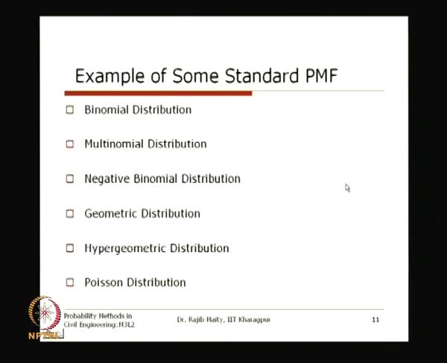So, this is for the discrete case, and there are some standard probability mass functions for the discrete random variable. This is the binomial distribution. We will discuss all these distributions again in detail in the successive lectures, but for the time being we can just know their names.